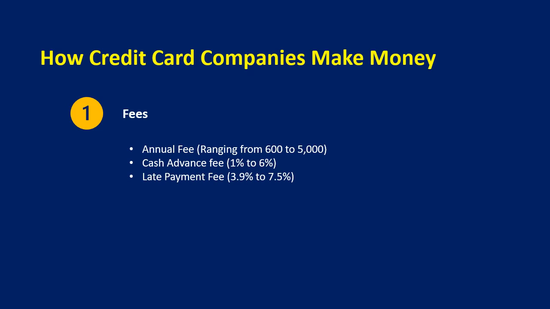And of course, you have late payment fees. If you do not pay at all, you will be charged a late payment fee ranging from 3.9% to 7.5%. You also have excess limit fee.